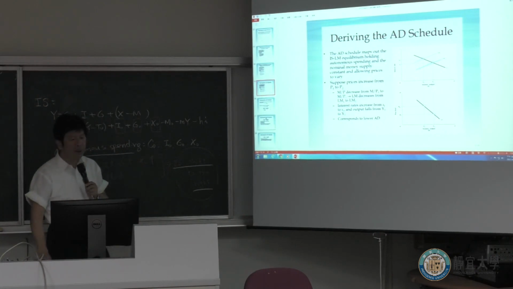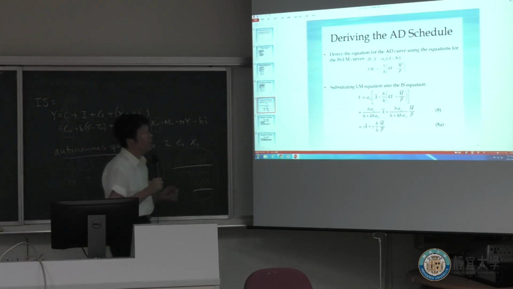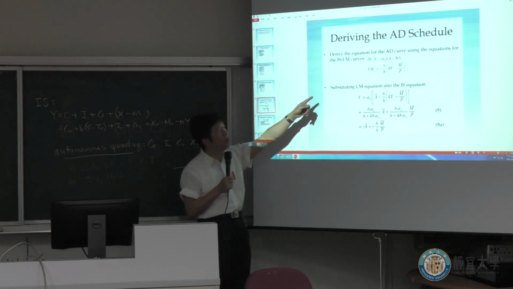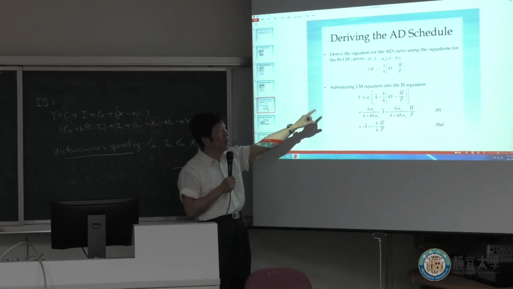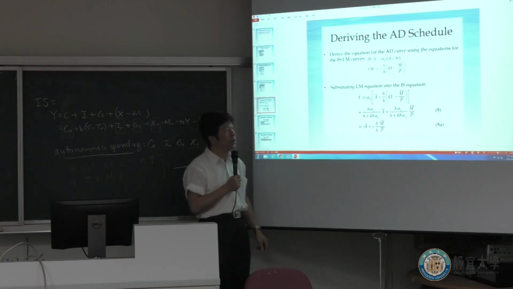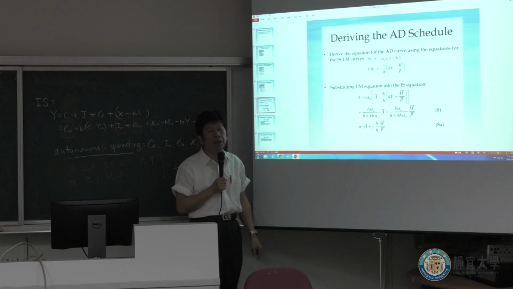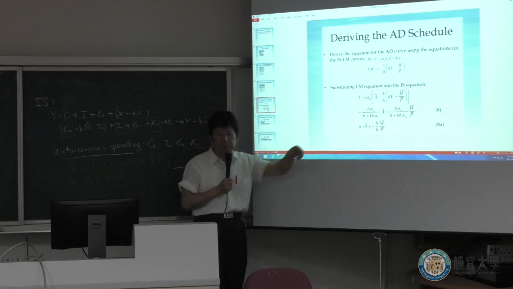And finally, we can try to get this formula. One is the IS curve, one is the LM curve. You can calculate, and then you can find the equilibrium income and equilibrium interest rate. If you have time, you can go back, follow the formula step by step, and you can also find the result.